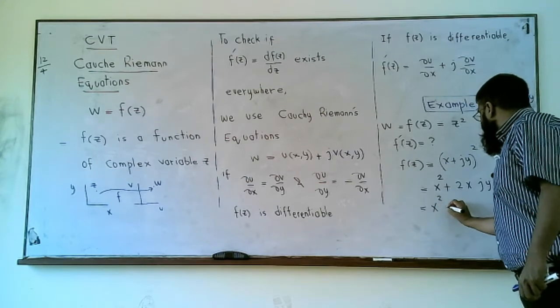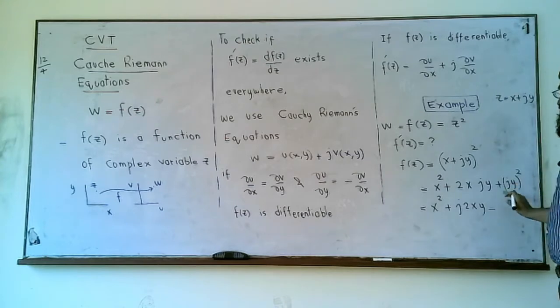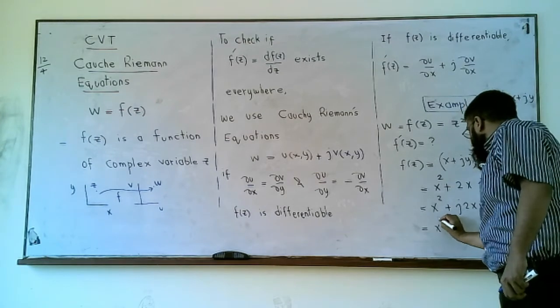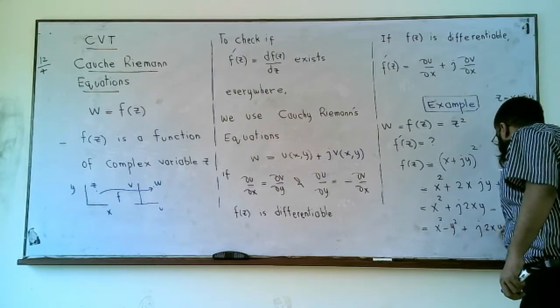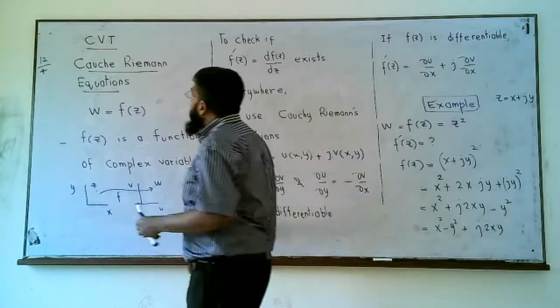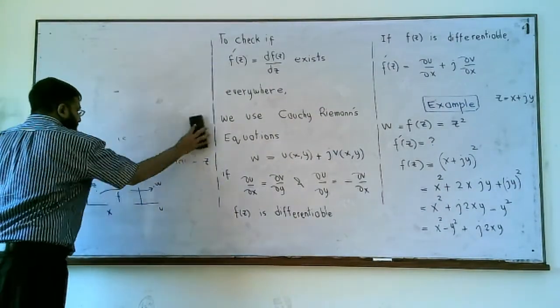So x squared plus j 2xy plus j squared y squared, you know j squared is minus 1, so this is minus y squared. It can also be written as x squared minus y squared plus j times 2xy, where u is the real part of this w and v is the imaginary part.